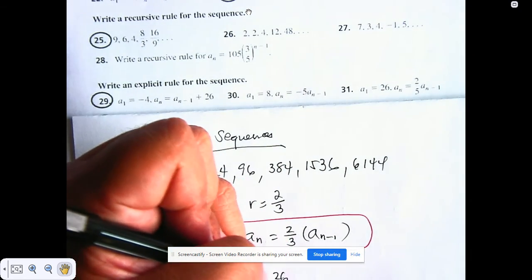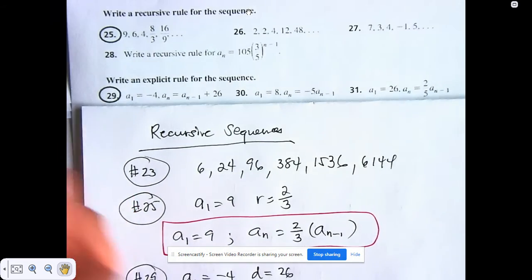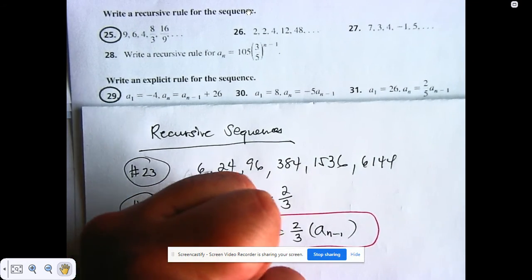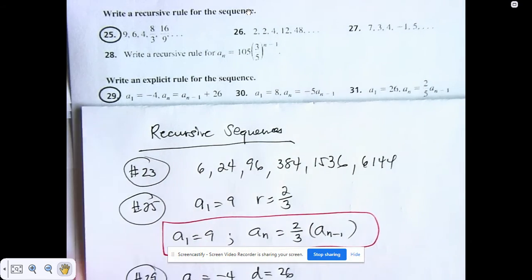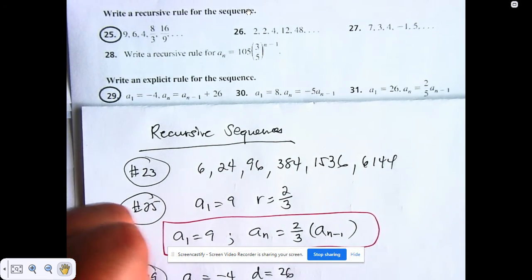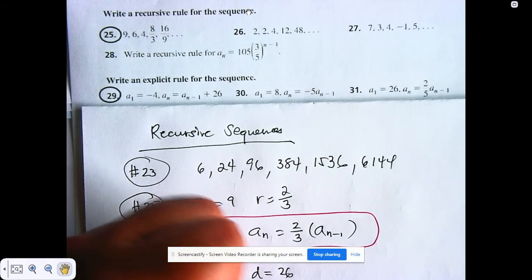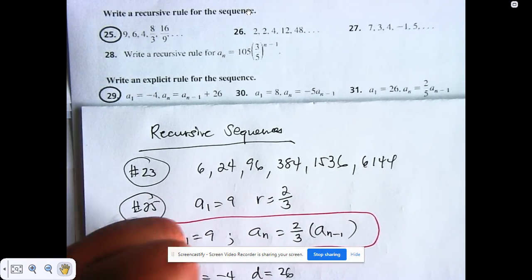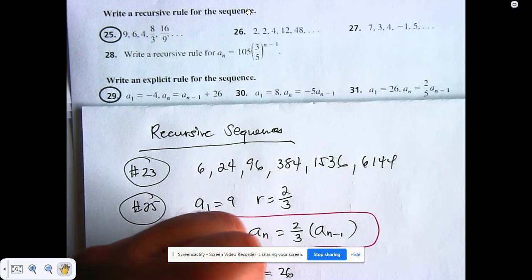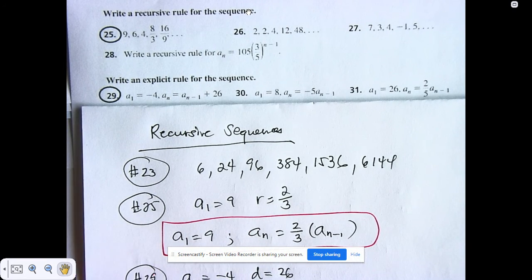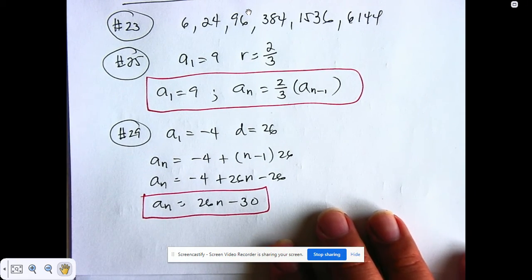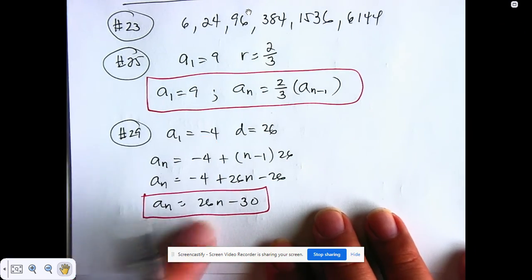Use the formula a sub n equals negative 4 plus n minus 1 times 26. That gives a sub n equals negative 4 plus 26n minus 26, so a sub n equals 26n minus 30.